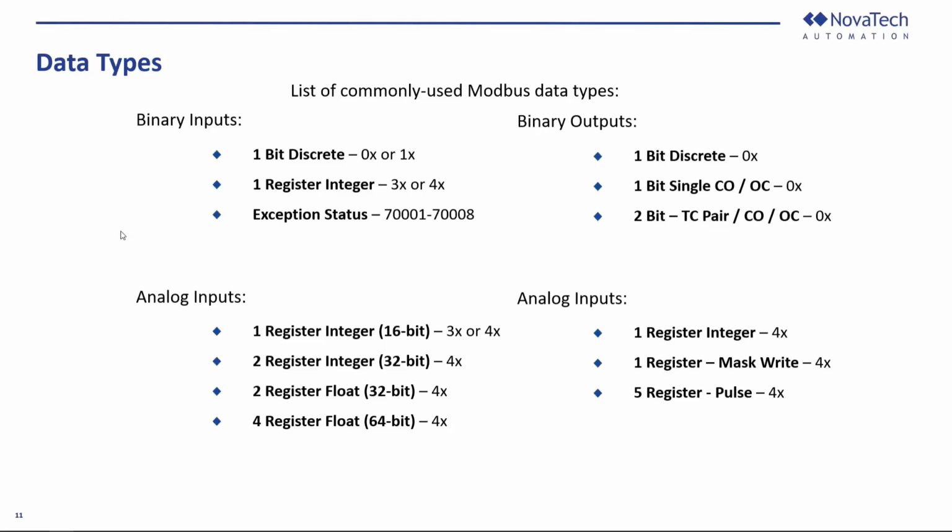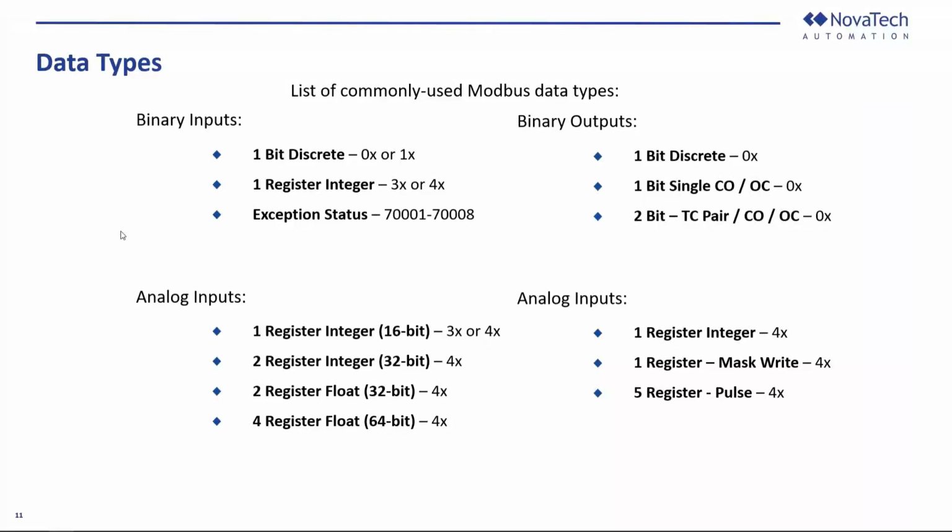In the Orion, we instituted what you would consider a 7x register, so that NCD and the Orion would differentiate exception statuses compared to, let's say, a 4x or a 3x register, or a 0x or 1x. When I mentioned earlier that Modbus is open, this is something that we did, and something that not every vendor does the same way.